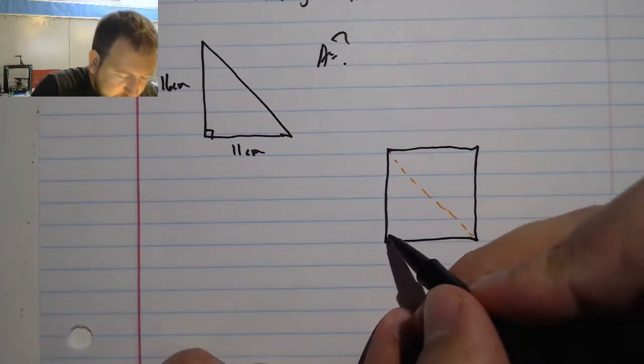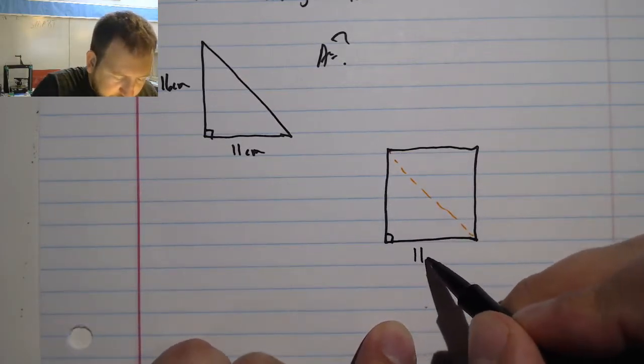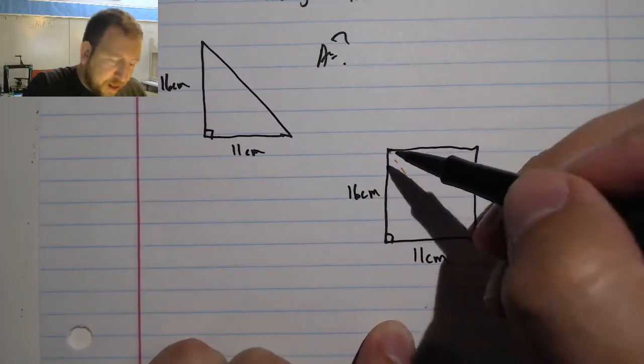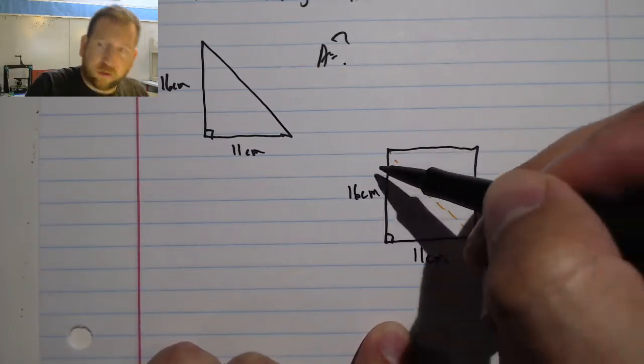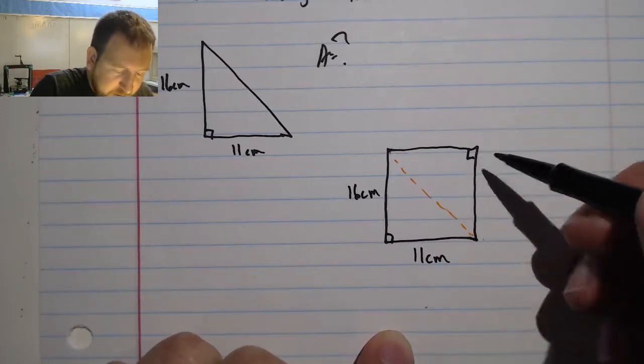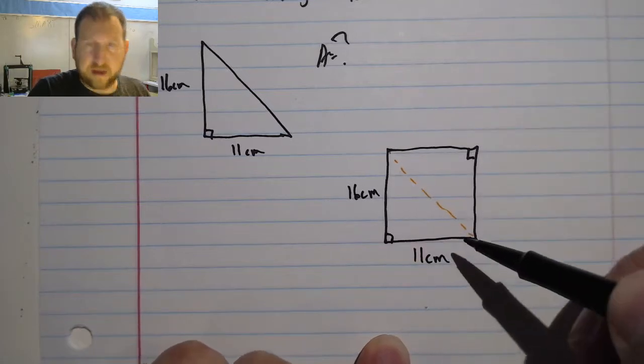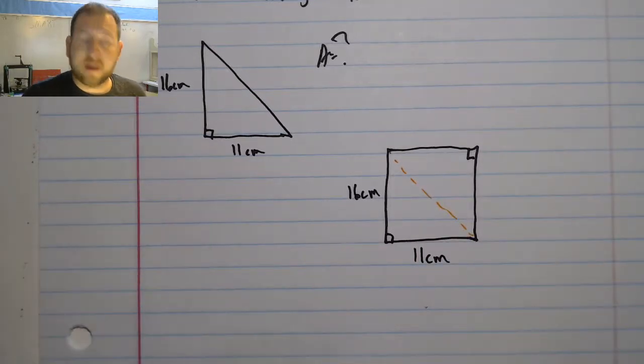And I can say that this again is 11 centimeters. And this up here is still 16 centimeters. But notice I'm only referring to the triangle piece. What I did is I just took the triangle piece, I made a copy of it, flipped it around, and then I stuck it back together, and now it's a parallelogram.